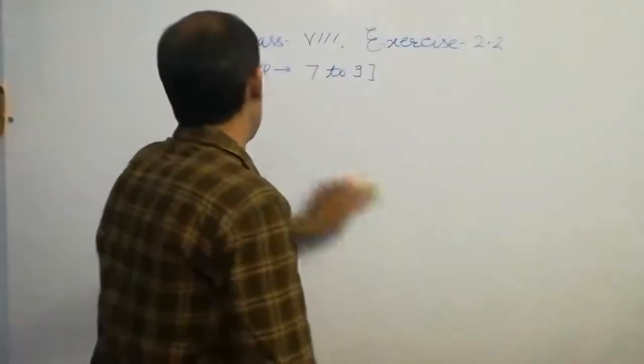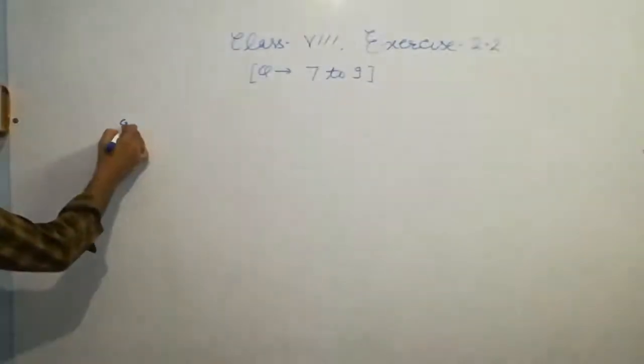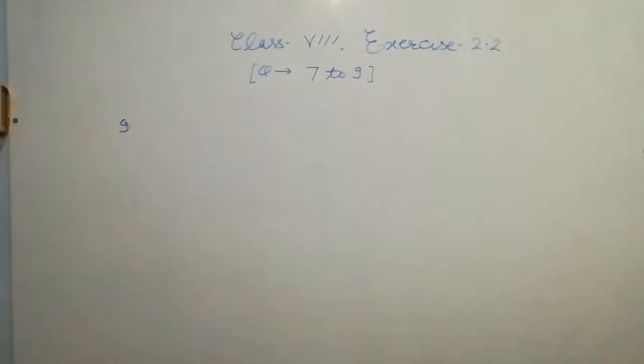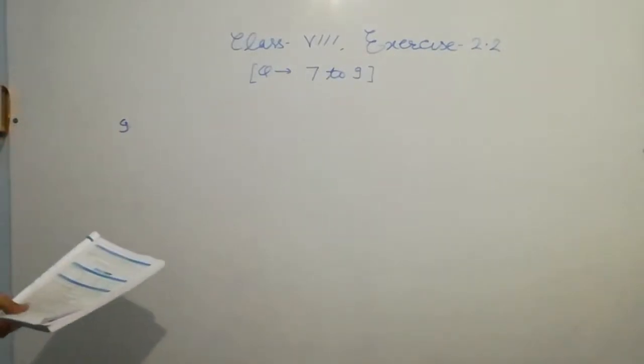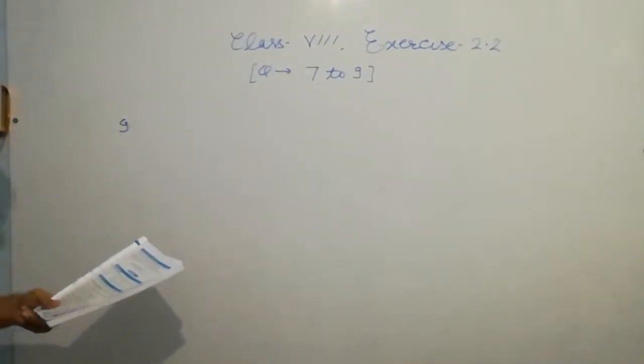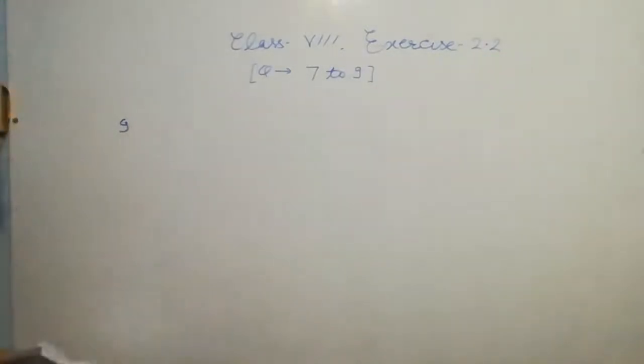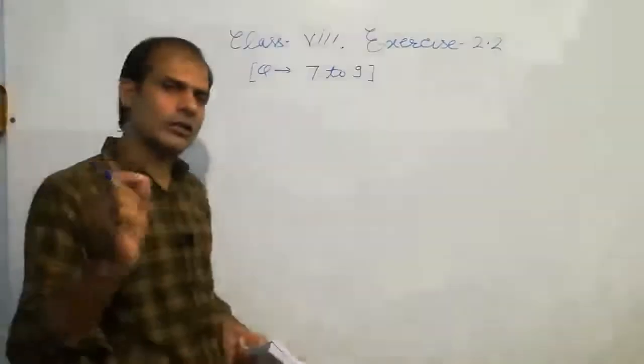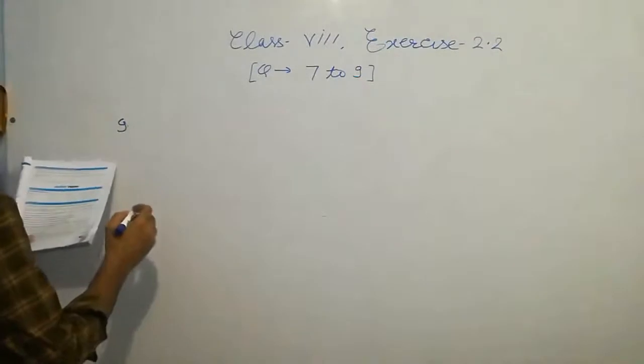The last and important question is question number 9. So the last question is, the ages of Rahul and Harun are in the ratio 5:7. Whenever a ratio is given, assume the values in this way.